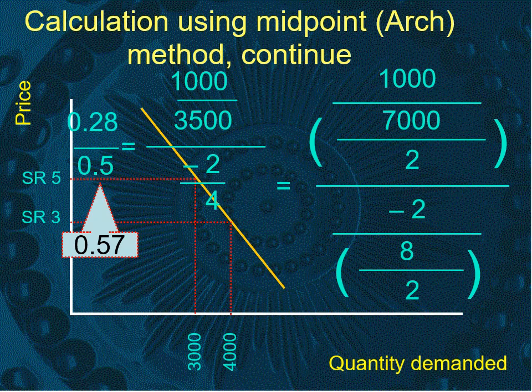So 1,000 divided by 7,000 over 2, and that over minus 2 divided by 8 divided by 2. So 1,000 divided by 3,500 and minus 2 divided by 4, and that equals 0.28 divided by 0.5, and that equals 0.57.